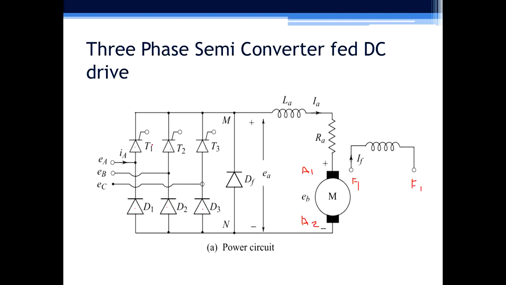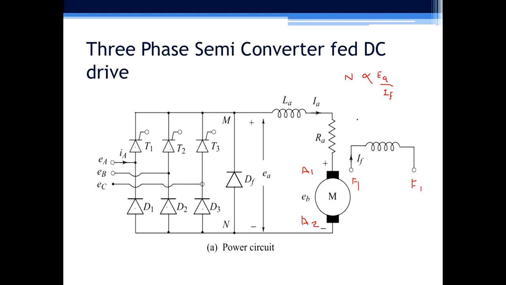Now, in order to understand the operation of this, we must know the speed control mechanism. So we understood that speed of this motor is proportional to the armature voltage EA, average output voltage EA, and is inversely proportional to the field current.